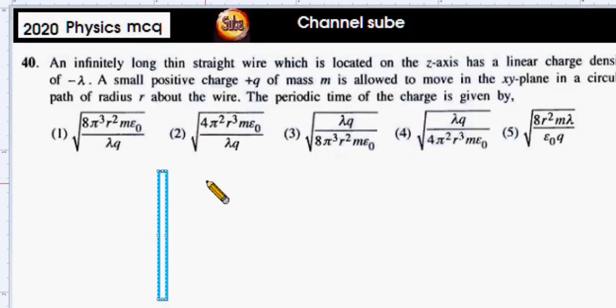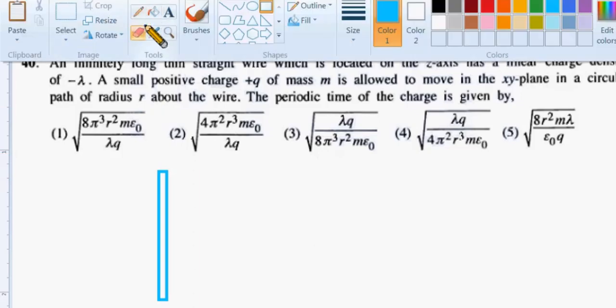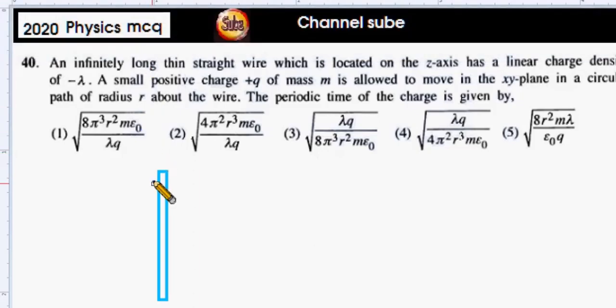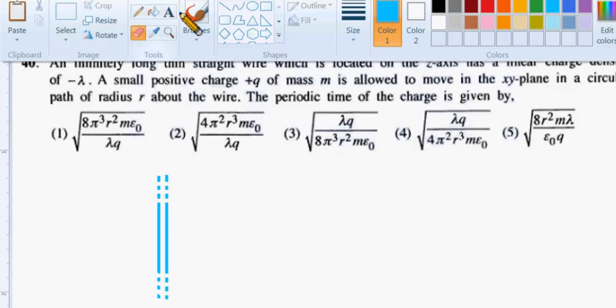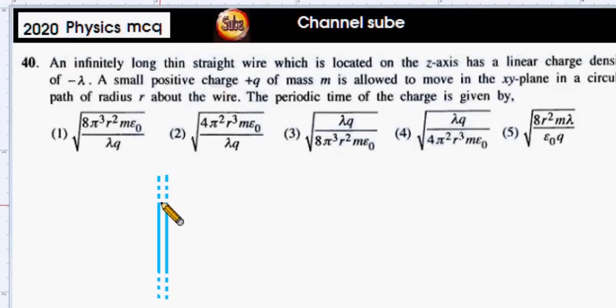It is infinite, therefore we have to show dashed lines. Then let's fill inside to show that it is a wire.